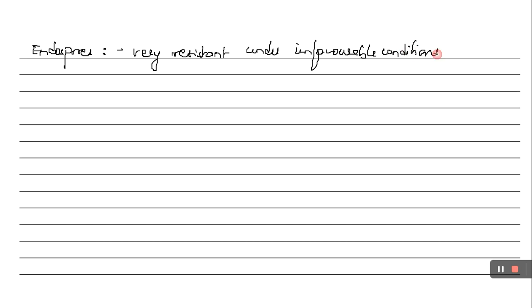Okay, so these endospores, what we talked about, are very resistant under unfavorable conditions and under extreme conditions, physical or chemical.